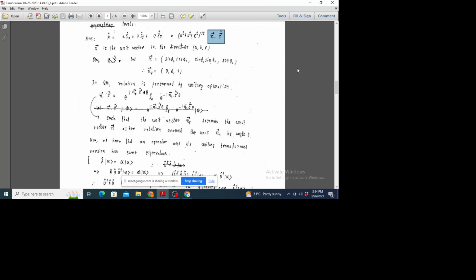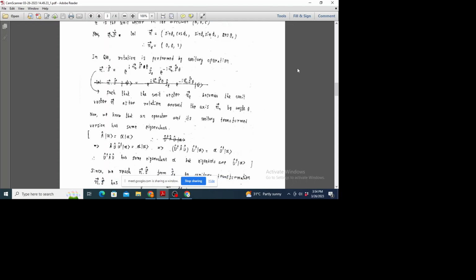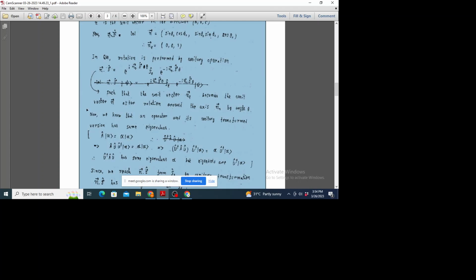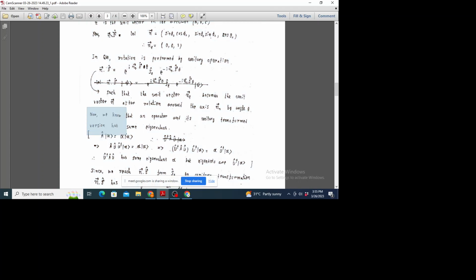That means unitary operation, and we know that two unitary equivalent operators have the same eigenvalues. Right? So consider this. So this is the statement: an operator and its unitary transformed version have the same eigenvalues.